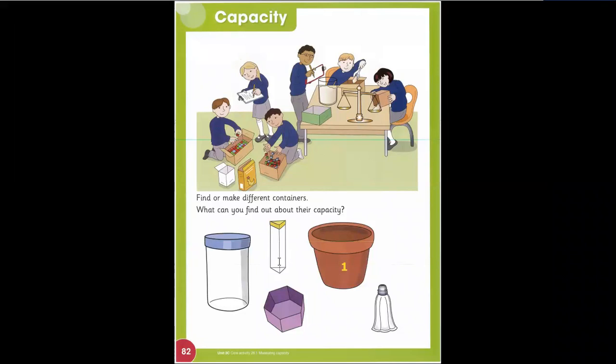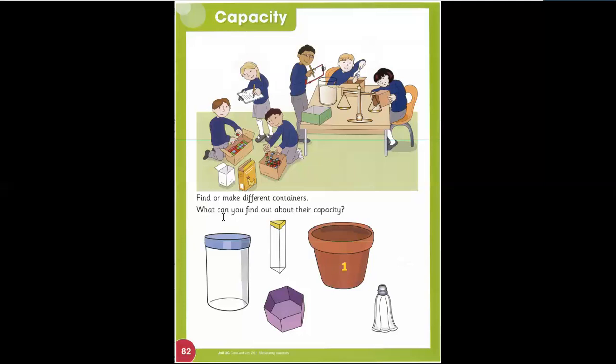Which one holds the least, boys? This one holds the least. You can rank the containers and put them in numbers according to the space they have, or their ability to hold something. So we are going to arrange them from biggest to smallest.